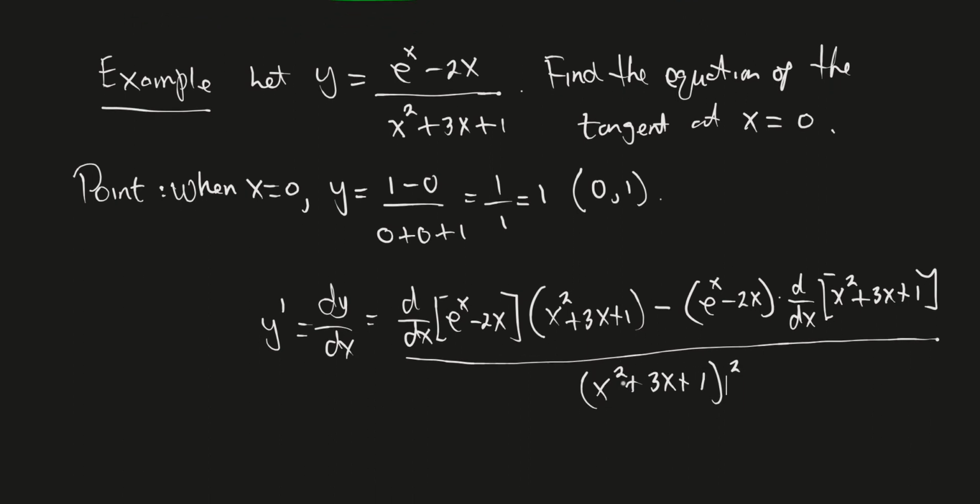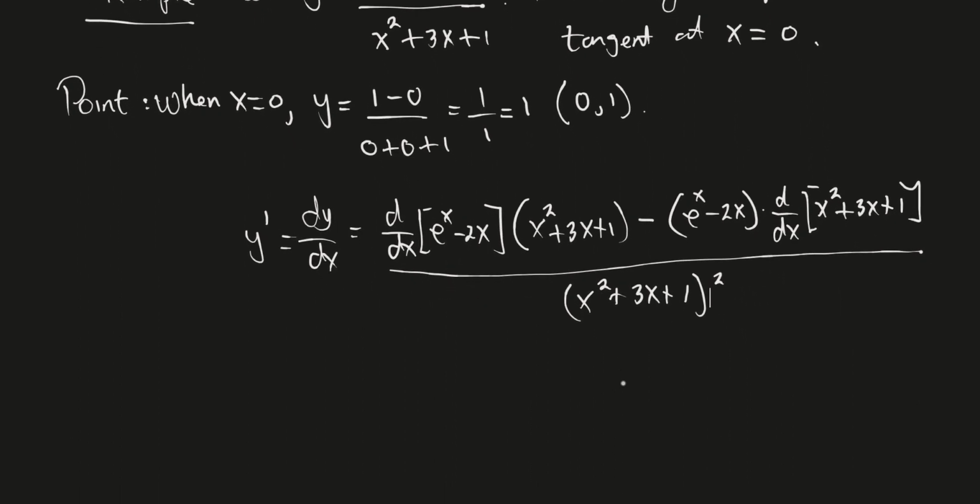All right. So let's go ahead and simplify the numerator, because we have two derivatives that we have to write down, right? So again, the derivative of e to the x is e to the x. The derivative of minus 2x is minus 2. And that's a quantity, and then it's going to multiply what we have here.